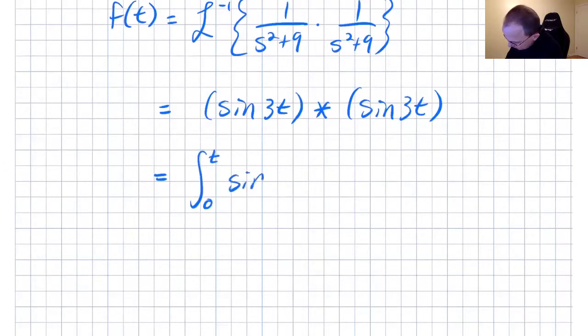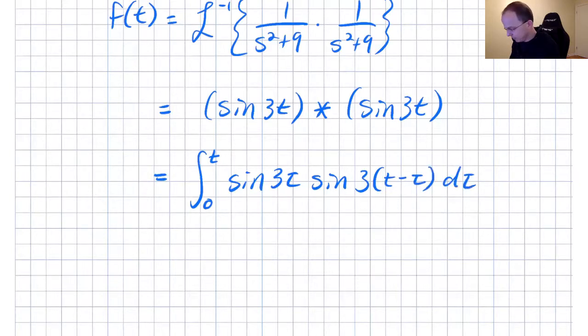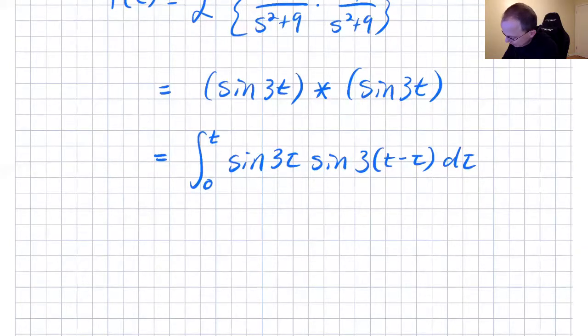So it's going to be the integral of sine 3 tau times sine of 3 times (t minus tau), d tau. Okay. So maybe I should put parentheses around this to be clear what's going on.